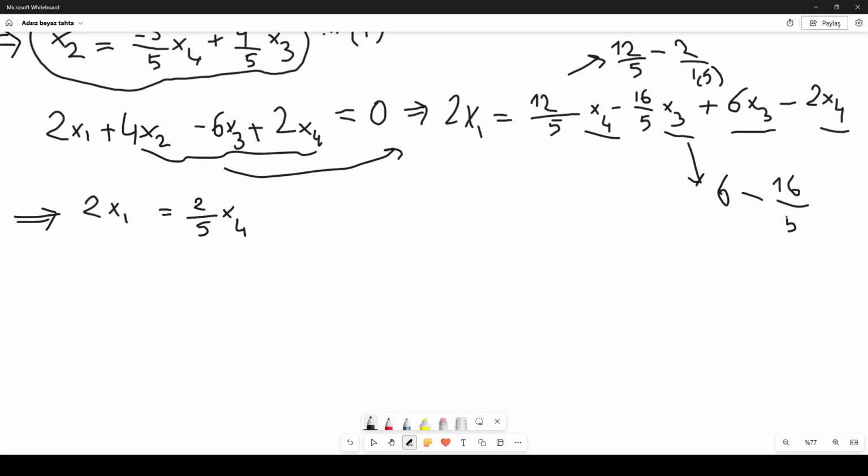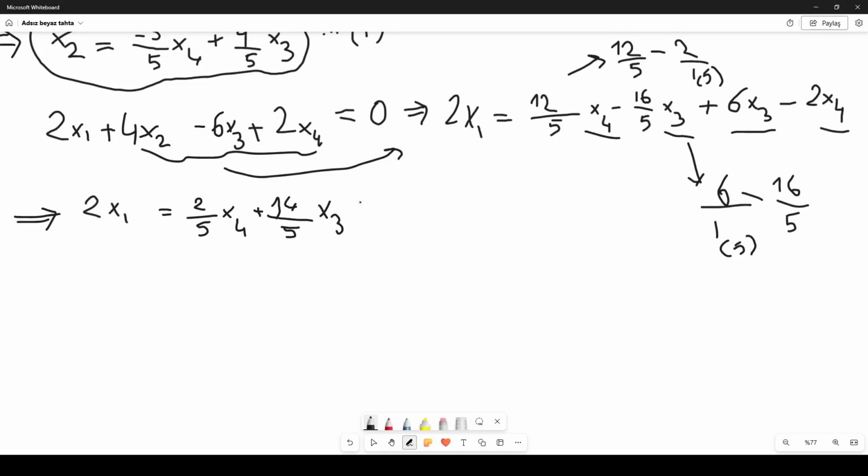Multiplying the numerator and denominator by 5 yields 5 times 6, 30. 30 minus 16 is equal to 14, so we have 14 over 5 x3.